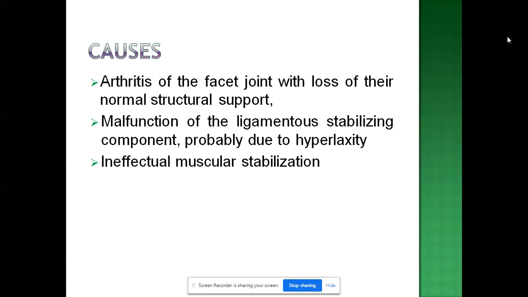Actually, your muscles are stabilizing your body. In any segment of the lumbar spine, we have two lumbar vertebrae, in between we have the intervertebral disc, and we have the muscles which are supporting the lumbar spine. But if the muscles are weak, then they are not providing proper stabilization to the spine. Then also spondylolisthesis can result.